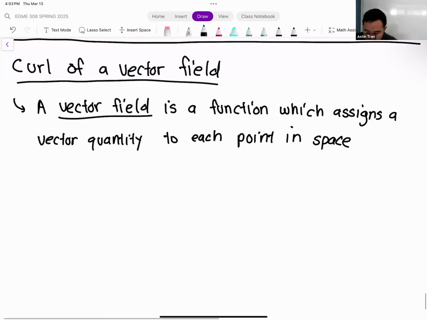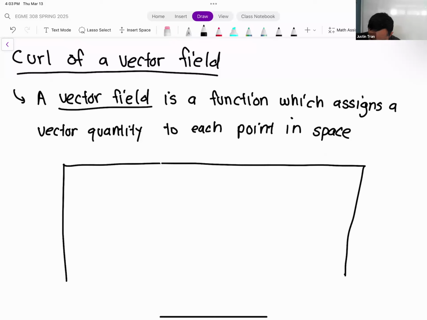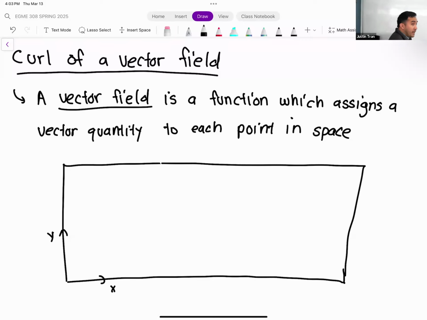And so I think we drew an image of this last time. Then we draw another one here. Okay. So we have our physical domain here. This is just a two-dimensional space, so we just have two variables, X and Y. Okay. A vector field is going to be one where at every location in this space, we're going to have a vector. So remember, a vector has two quantities to it. So it has both magnitude and direction. So it might look something like this. And so the vectors might change.